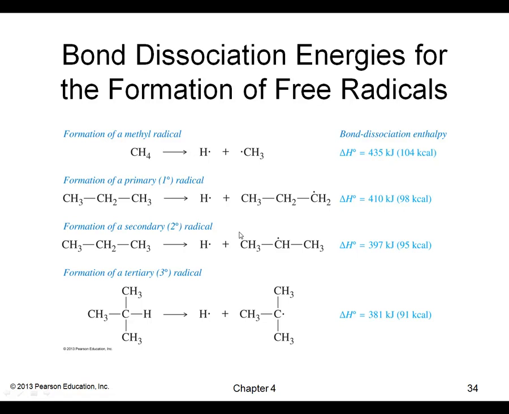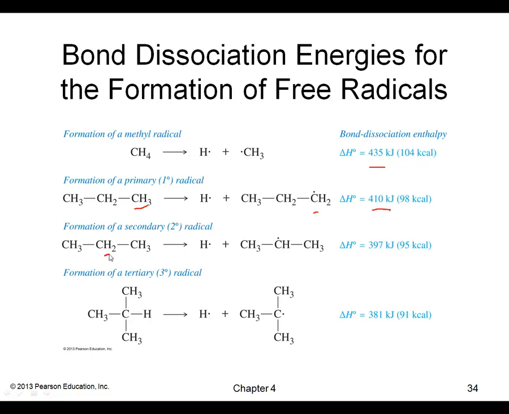Okay, here we're looking at the energies for these types of bond dissociations, or homolytic cleavages. If you look here for CH4, to break one of its bonds takes 435. To break a primary carbon-hydrogen bond, look, the energy goes down.